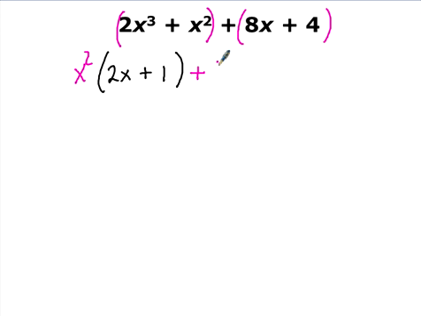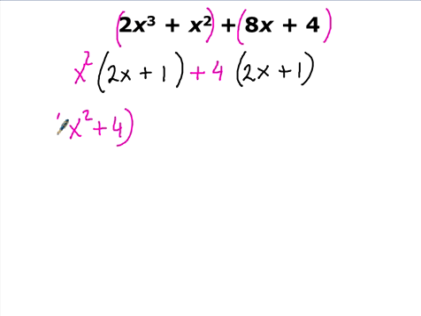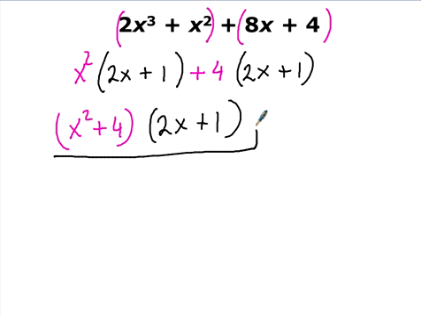We can pull out 4 out of the second one, and if we factor out 4, we have left 2x plus 1, and now we just need to group our factors, and we will have x squared plus 4 times 2x plus 1. And this is where we can leave this.